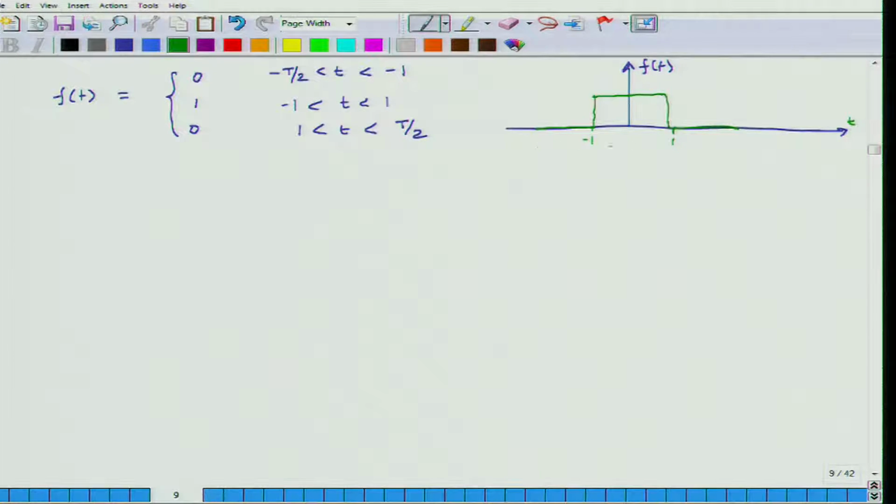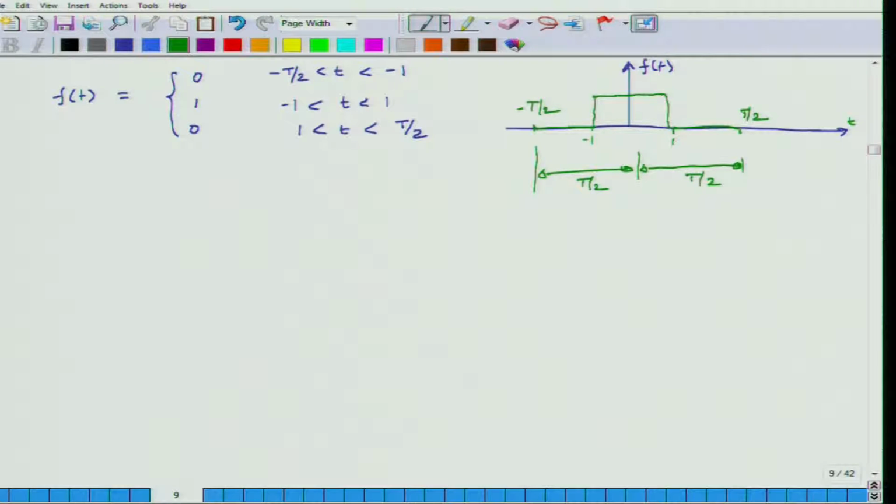This is T over 2, and this is minus T over 2.